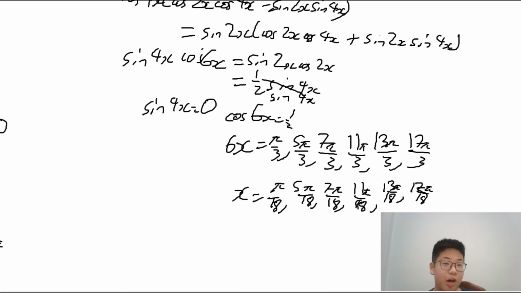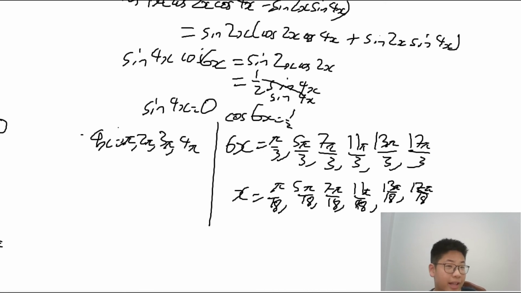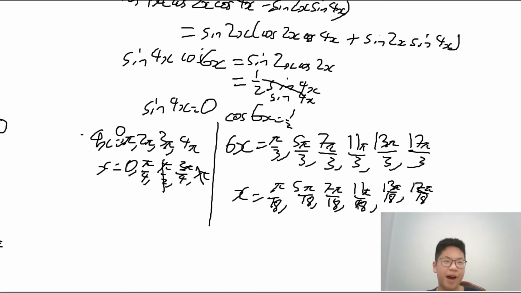And now we can sort out this side. Then 4x equals 0, pi, 2 pi, 3 pi, 4 pi. Oh, and let's not forget 0. 0, pi over 4, pi over 2, 3 pi over 4, pi. And since tangent x is indeterminate at pi over 2 and pi, these are all our solutions.